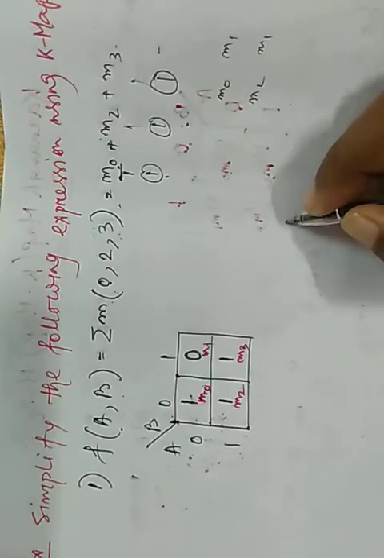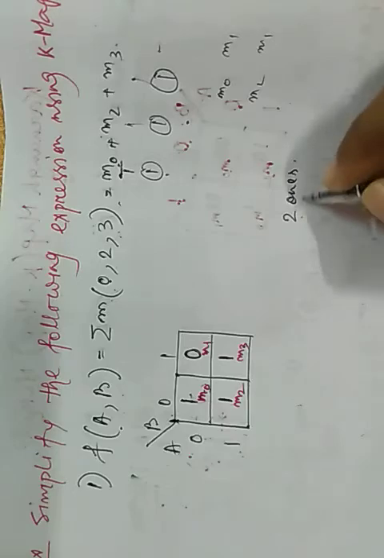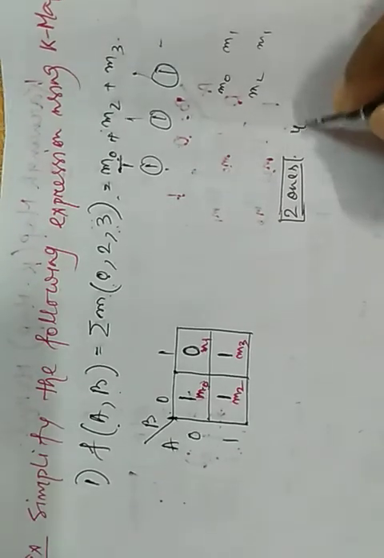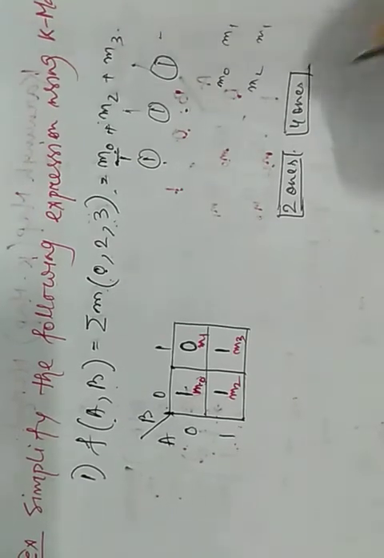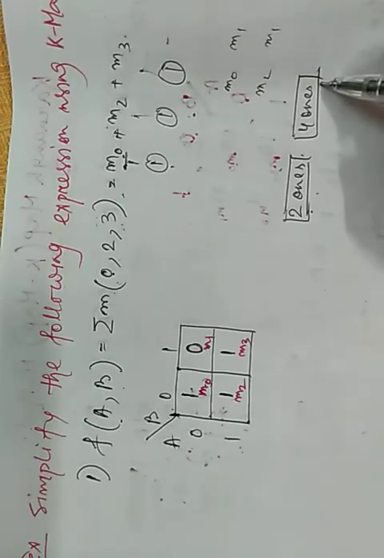Either we pair 2 ones, or 4 ones. We have to combine either 2 ones or 4 ones.